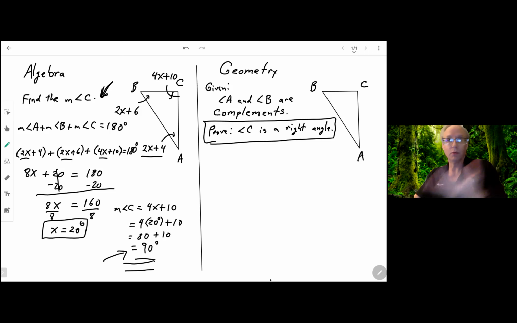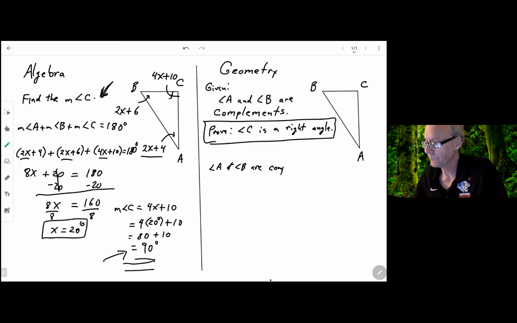Now, a lot of you know you start with what's given. So angle A and angle B are complementary. And how do we know that? It's given. What does that mean?